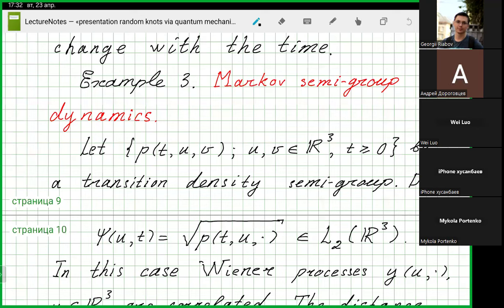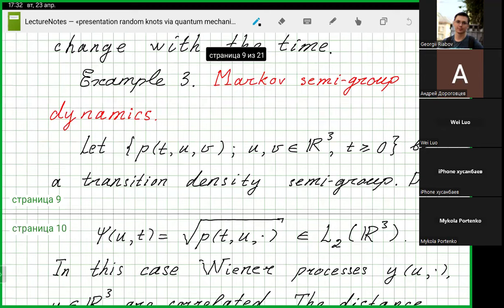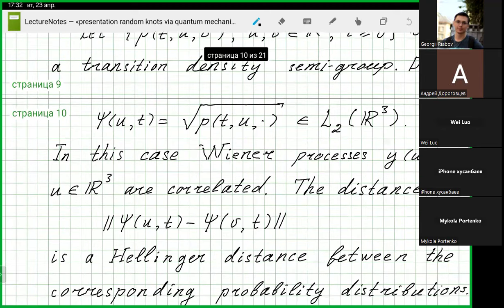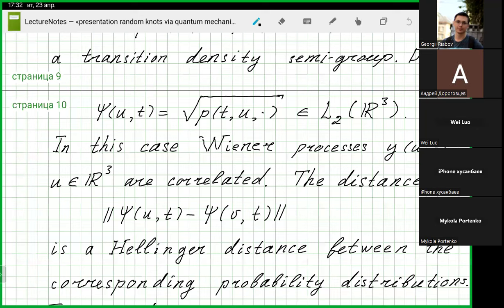Define psi_u(t) as just the square root of this density. It is in L2, and in this case, the Wiener processes Y_u are correlated.